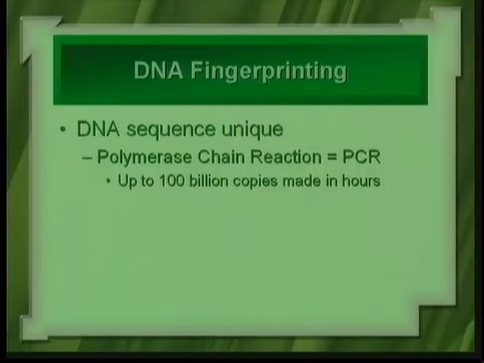The second cycle, you heat it and cool it, and you have 4 strands of DNA. Therefore, you can have up to billions of copies from one strand of DNA made in hours. You cycle up, heat, then you cool down.